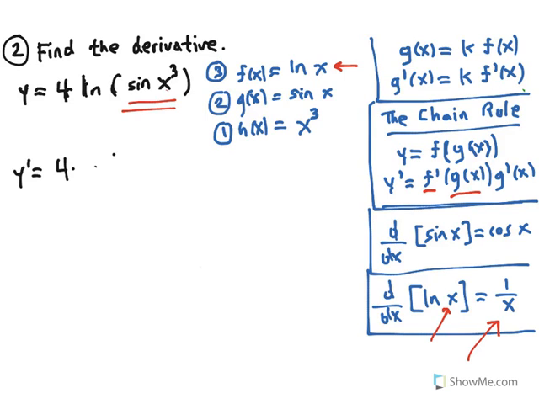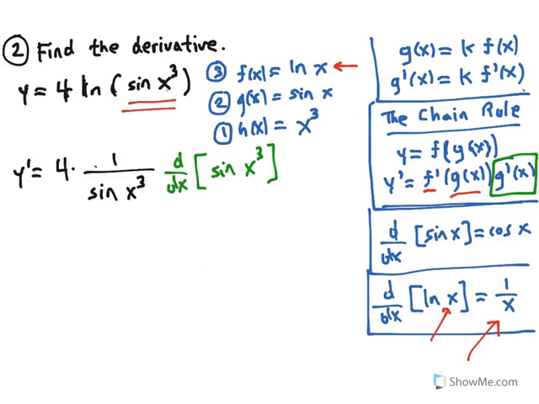So you have 4 times 1 over sine of x cubed. And then, following with the chain rule, multiply by the derivative with respect to x of the inside function. So we have the derivative with respect to x of the inside function sine of x cubed.